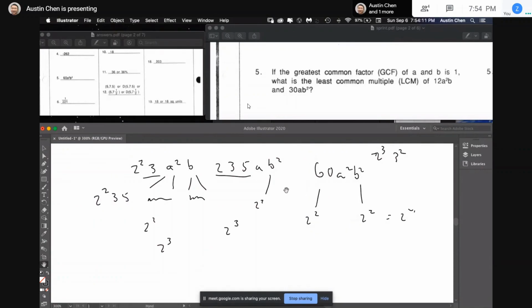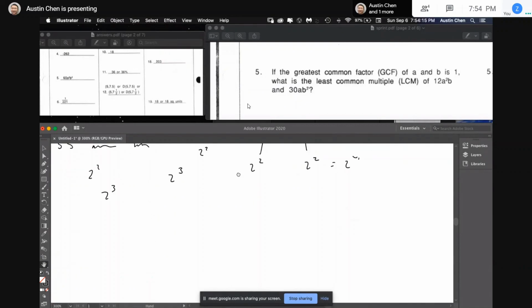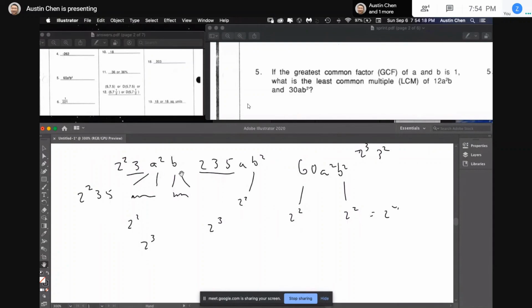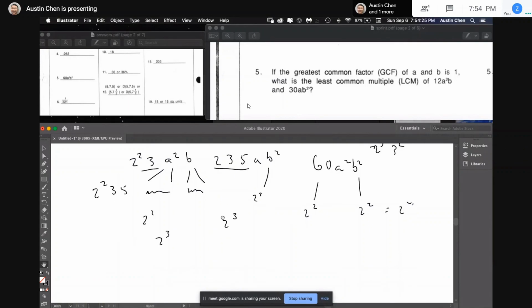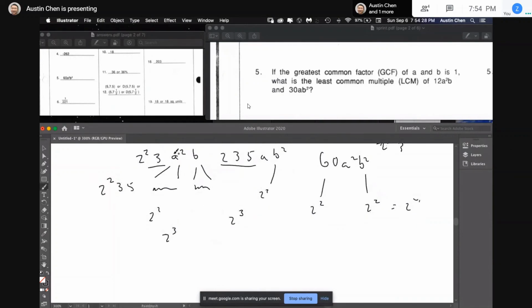Okay, but now let's assume that A and B are relatively prime to 12 and 30, and that would make everything go in one formula. Again, if they are relatively prime to 2 squared, 3, and 5, they're not going to contain any of the factors.